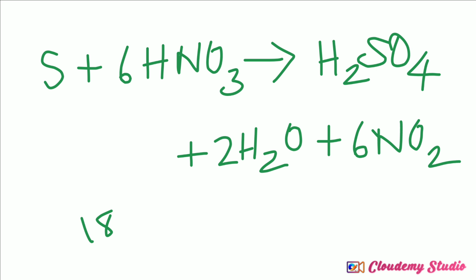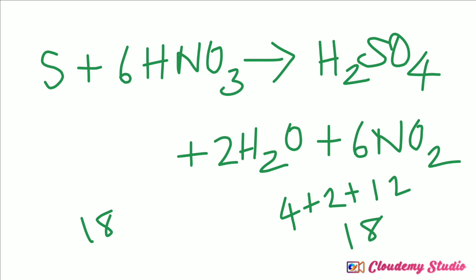Right hand side in sulfuric acid 4 times. Then in water 2 times. In nitrogen dioxide 6 twos are 12. So together 12 plus 2 is 14, plus 4 is 18. So oxygen also both the sides 18 atoms. All the atoms are equal on the reactant side as well as the product side. So the equation is balanced now.